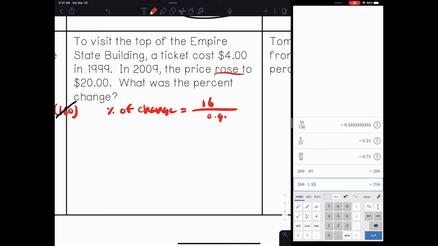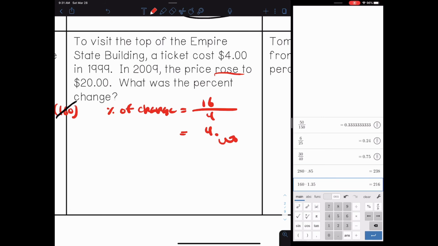What was the original amount? Well, the original cost was $4. And so 16 divided by 4, you can use a calculator or hopefully your brain. 16 divided by 4 is 4. Write this right here as a percentage. So move the decimal to the right twice, once, twice.